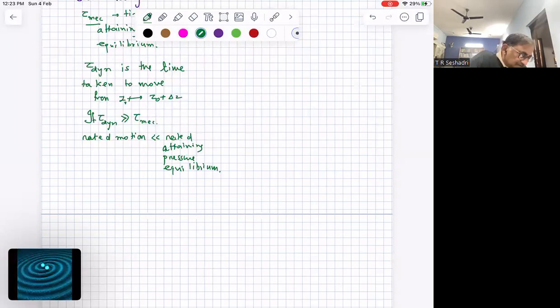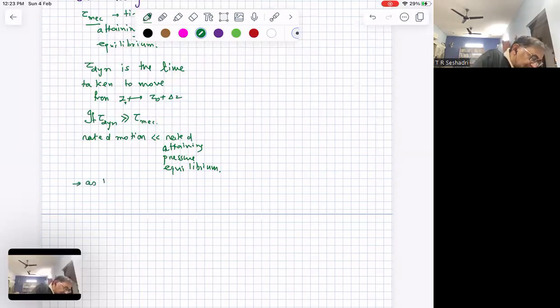It means that as the blob moves, I can assume that at every position, the pressure inside and outside is the same.